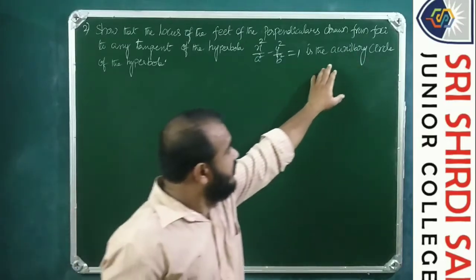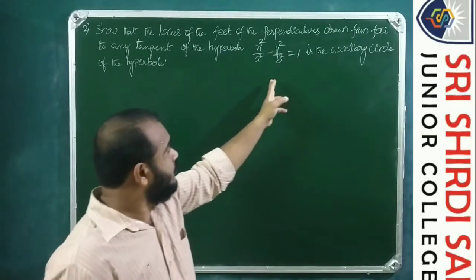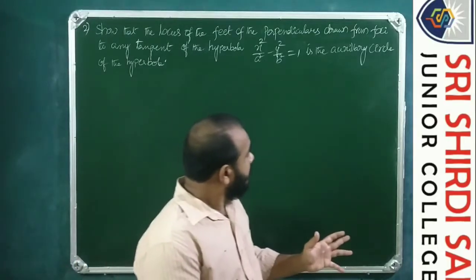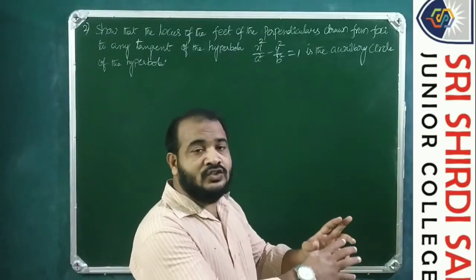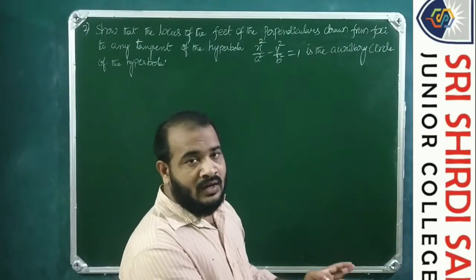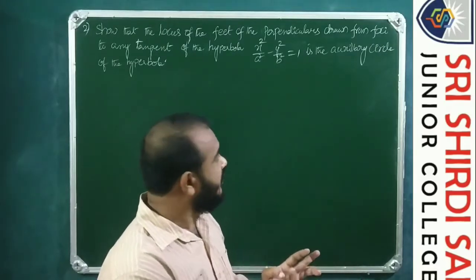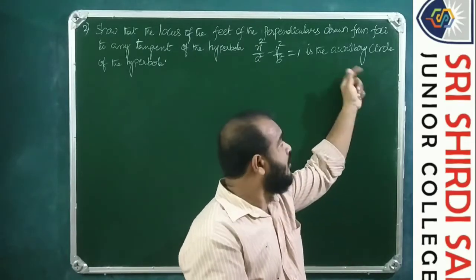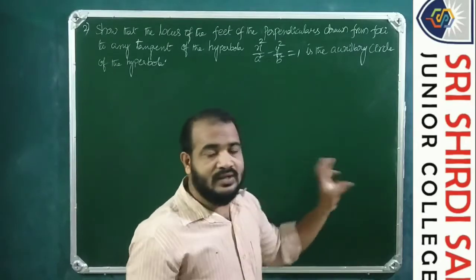Another definition of the auxiliary circle, which we have already discussed: the circle described on the transverse axis of the hyperbola as a diameter is said to be the auxiliary circle, and the auxiliary circle is x square plus y square equals a square. Ultimately, x square plus y square equals a square is what we need to show. So that is the concept.